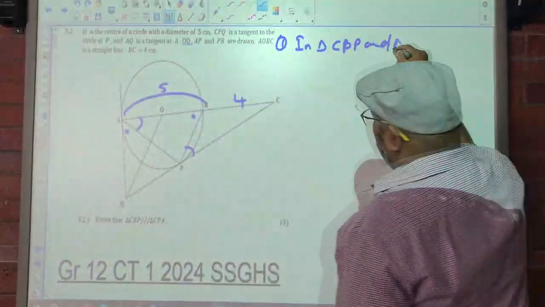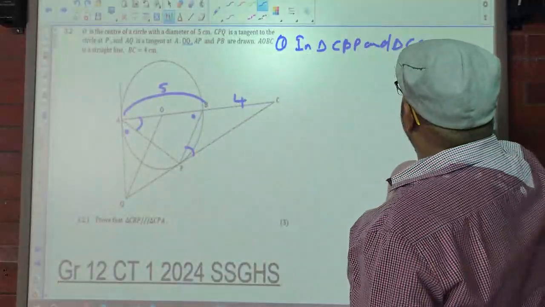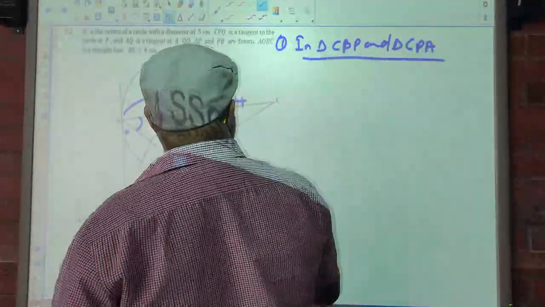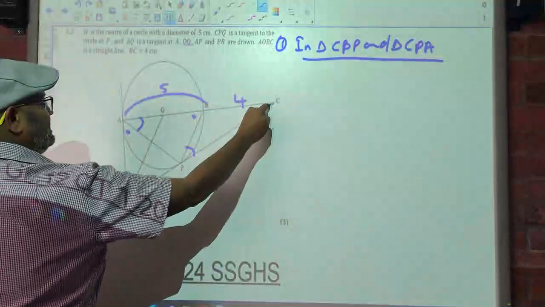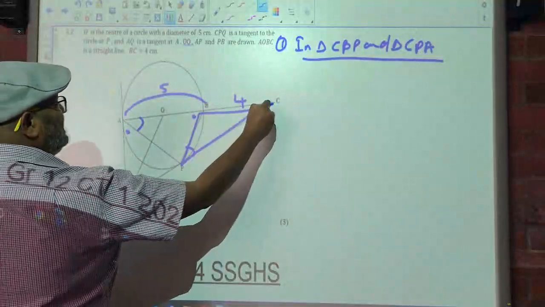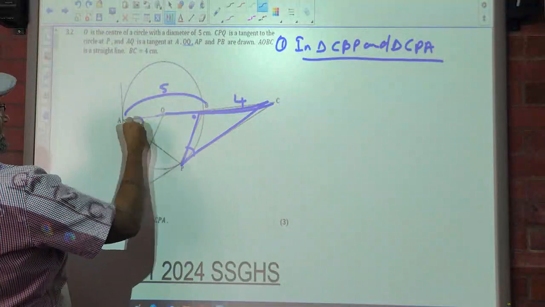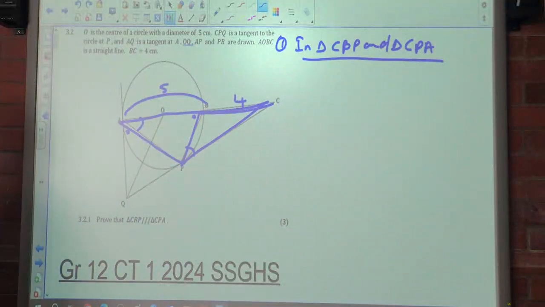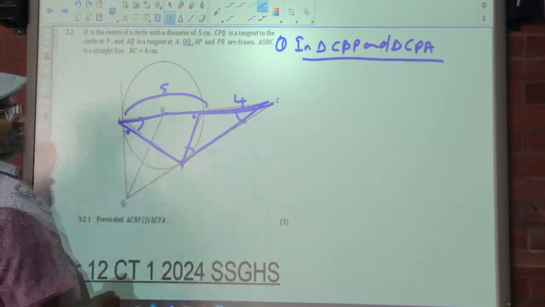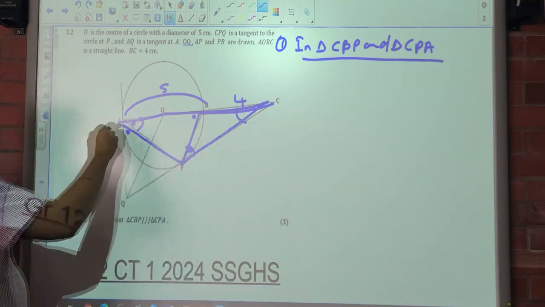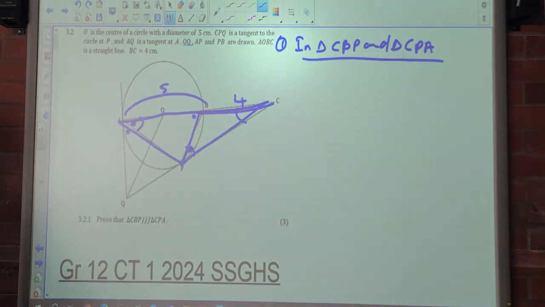If you look at the triangles in question, it is CBP and CAP. What can we say? The angle C is common and this angle is equal to that angle. So that's enough to prove similarity.